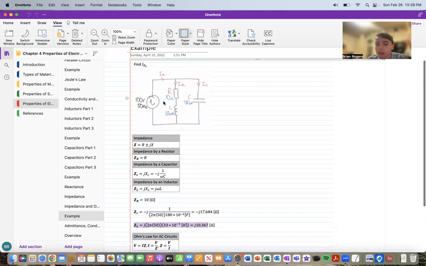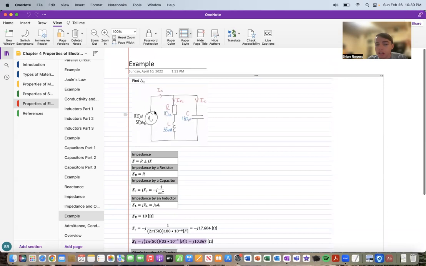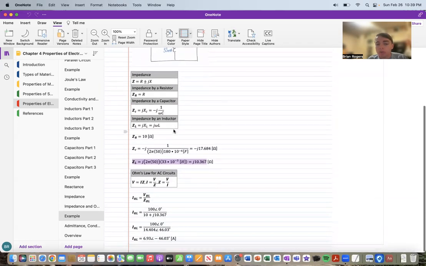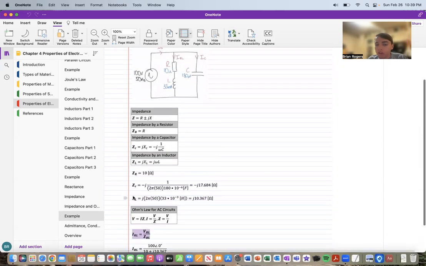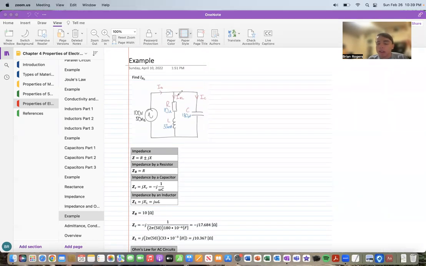And looking at this circuit, you have to recall that if we want to calculate the current through the resistor and inductor, we're going to take the voltage across the resistor and inductor and divide that by the impedance. So remember, the resistor and inductor, if you look at it, is in parallel with the capacitor, which is in parallel with the source. And so all three have the same voltage or potential difference across them.